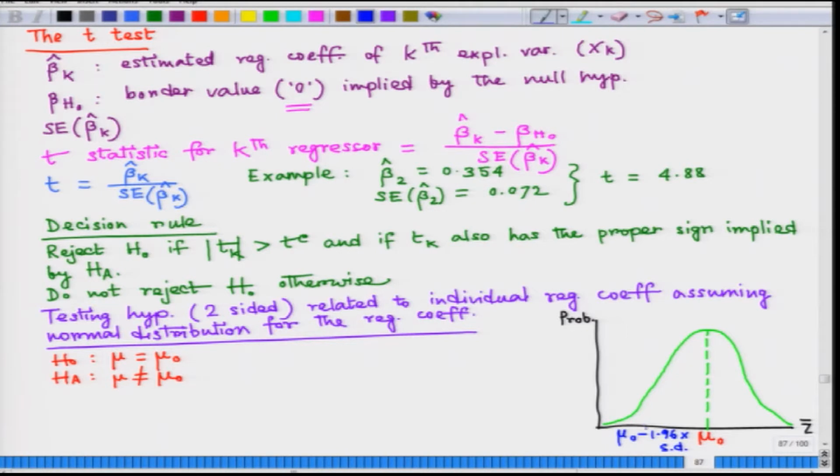Let me say that this value is right here, and the mirror image of this point on this line would be somewhere here, and that would be mu naught plus 1.96 times the standard deviation. Okay. So, then I can use these critical values which are supported by statistical theory.